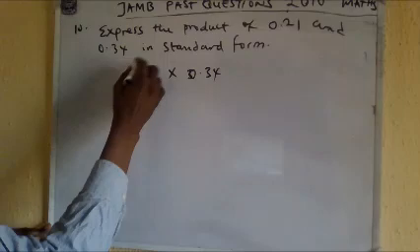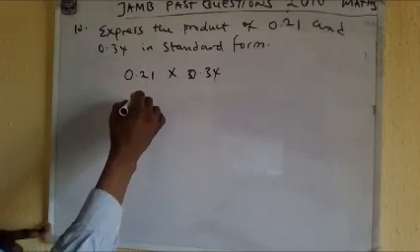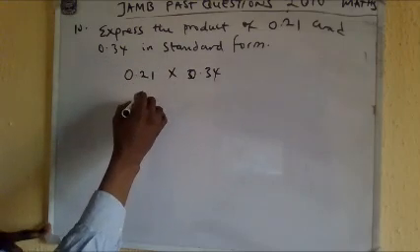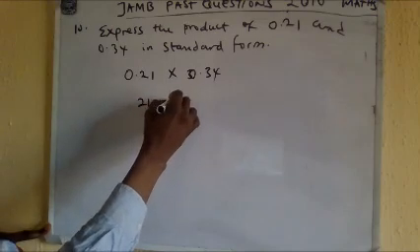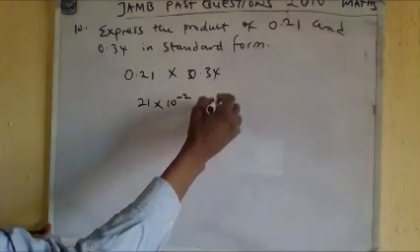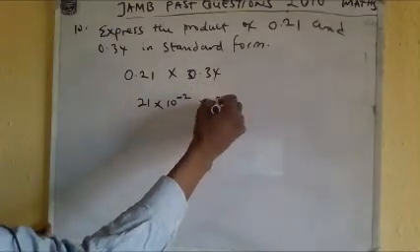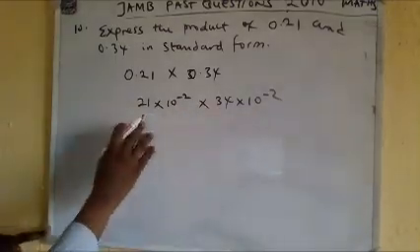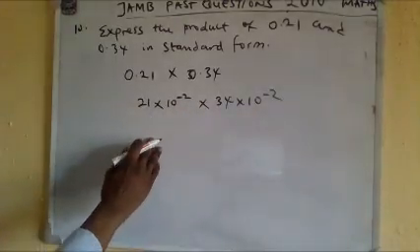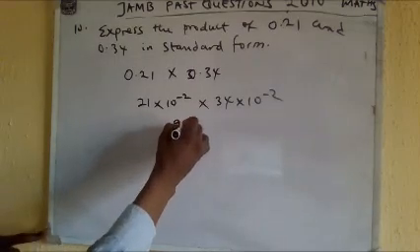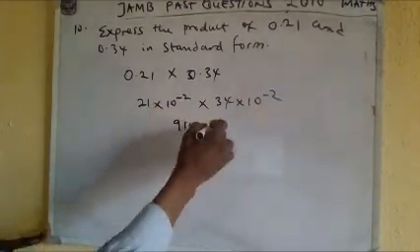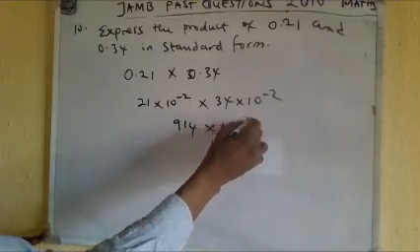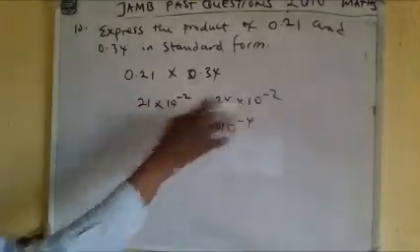Okay, so in standard form, I can just move this point like this. If I move it 1, 2, that's 21 times 10 to the power minus 2. Then times 1, 2, 34 times 10 to the power minus 2. Now when this one is multiplied with this one, if you use a calculator, you get 714, and this one is 10 to the power minus 4. We add it because it's the same base. You add the power.